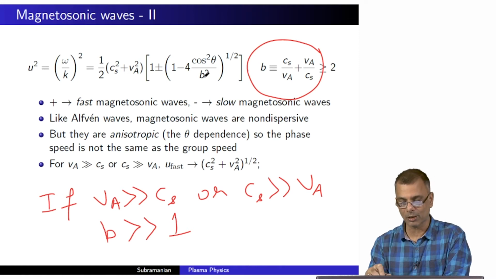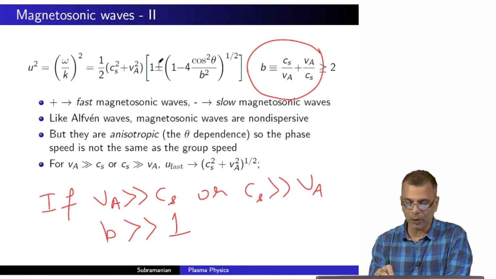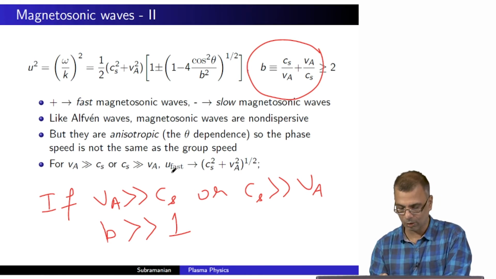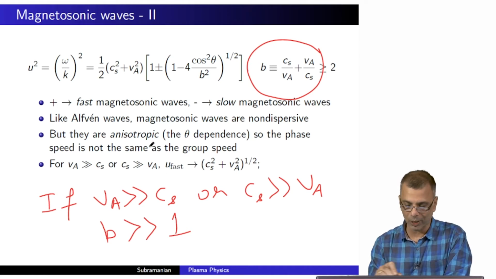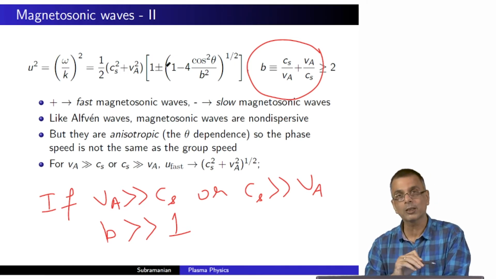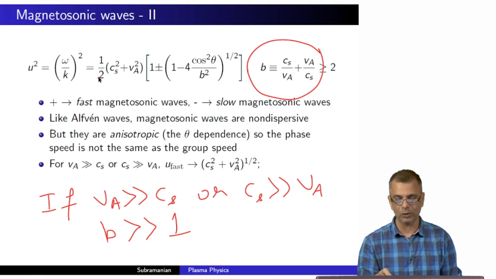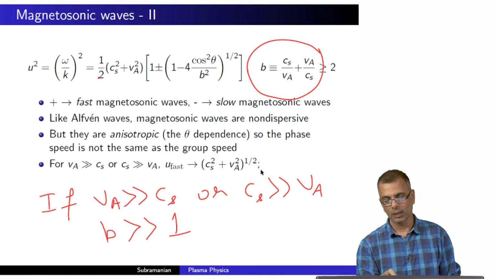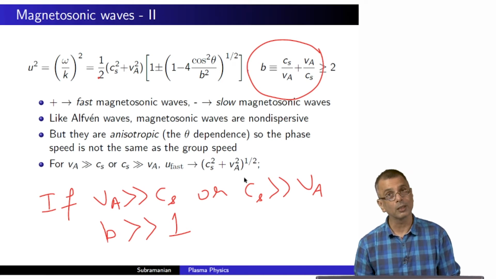So this entire chunk is not there, and if you look only at the positive branch, in other words, only at the fast magnetosonic waves, the U fast, which is the phase velocity of the fast magnetosonic wave, is simply the square root of CS squared plus VA squared. In other words, only this one is important. This entire term becomes unimportant, right? And so you have 1 plus 1, it's 2, and that cancels with this 2 in the denominator, and you have this fairly simple looking expression.